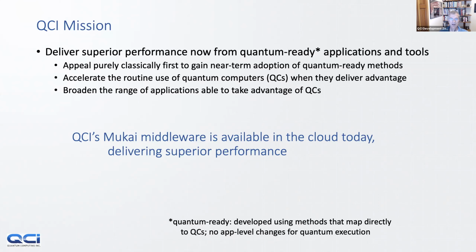So if you're writing an application and use a quantum-ready method, there's no change for you later when we shift from running purely classically today to running in a hybrid classical-quantum mode in the future, which pretty much everyone believes will be the way that we'll first get advantage from quantum computers. So: quantum-ready applications and tools, performance now.